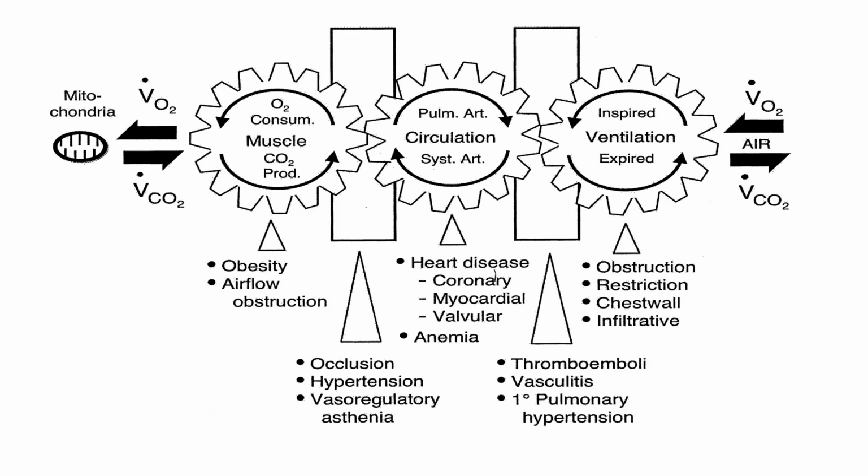Now, it would be remiss if we didn't touch on the Wasserman gas exchange gears, remembering that this describes the dynamic interplay between the peripheral skeletal muscle, the circulation, and ventilatory cogs. Anytime we have dysfunction along any of those cogs, it'll make one of the other ones work a little bit harder.